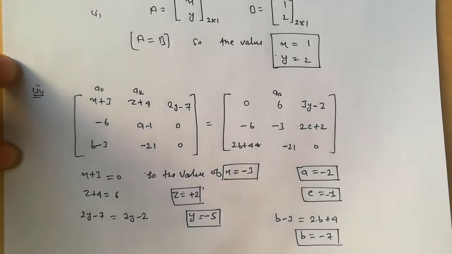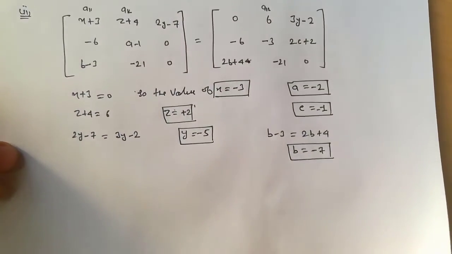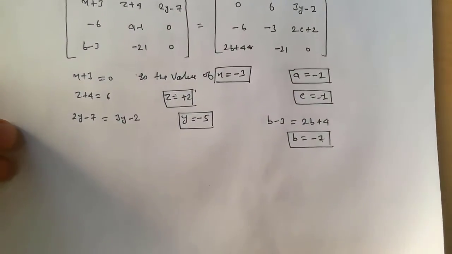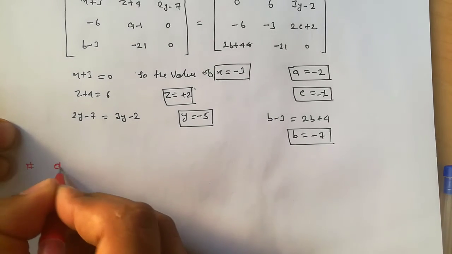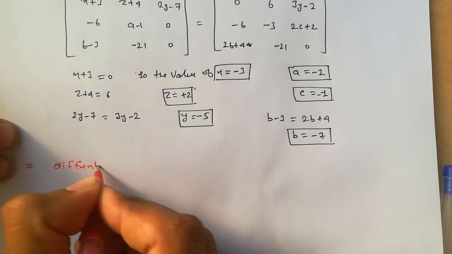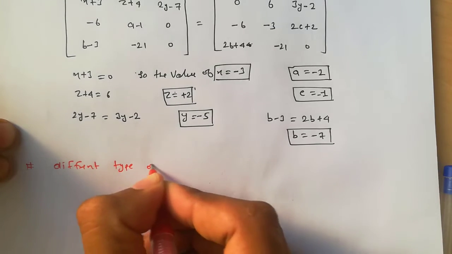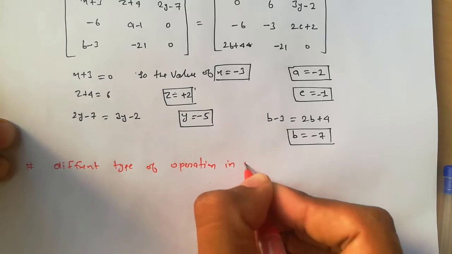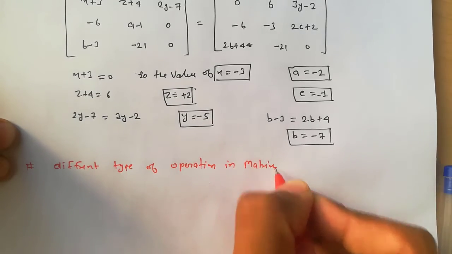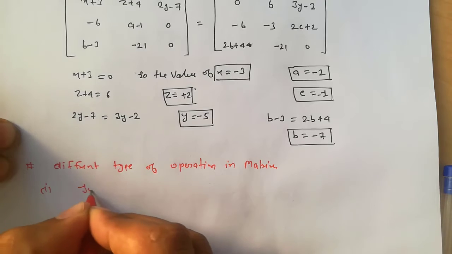Okay. Now we see the different types of operations on matrices. The first operation is summation.